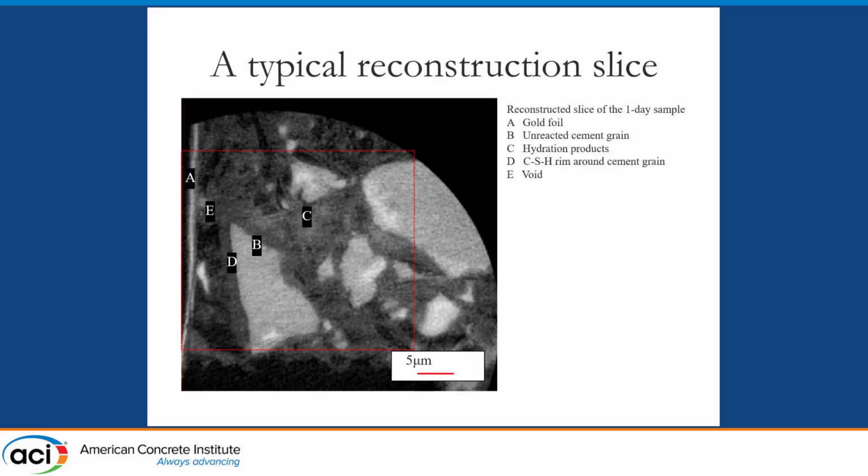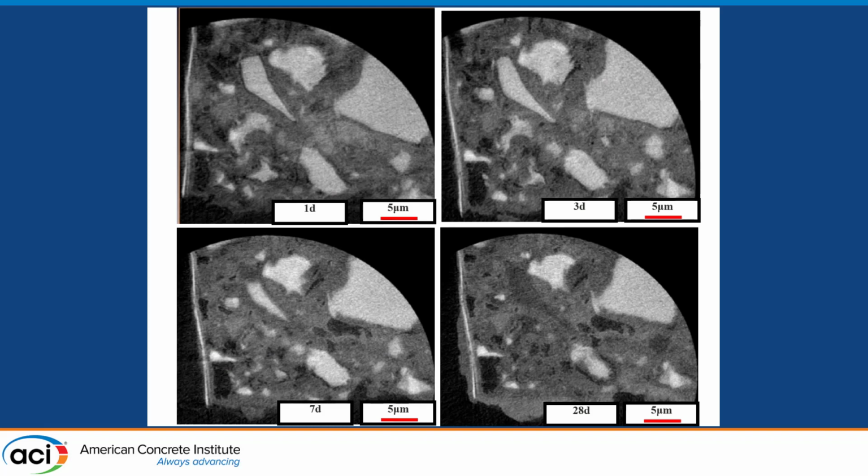But just to quickly show you what we could get out of this, the microstructure is shown here. Different grains of cement are in the image. And we have the 1 day, 3 day, 7 day, 28 day results where the sample is aligned in the time sequence. So you can look at something in the 1 day sample that is circled, that's a grain of cement. Look at the same spot in the later ages.